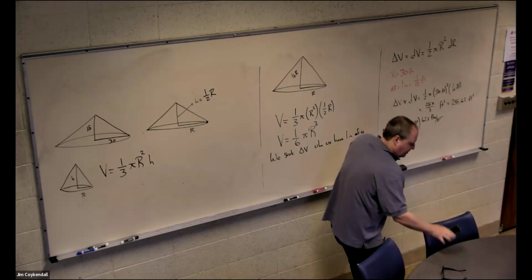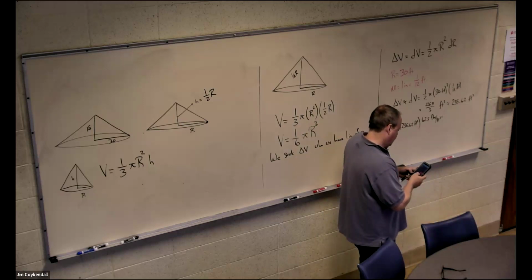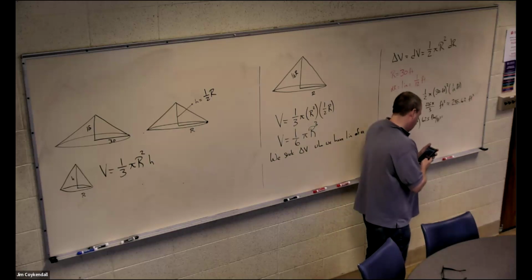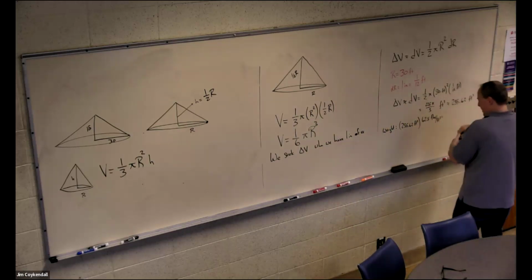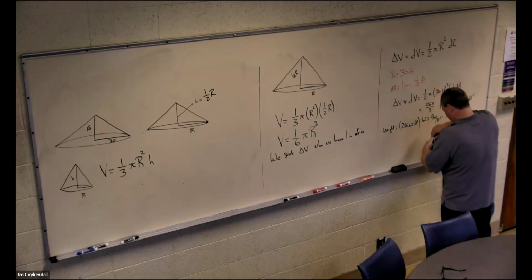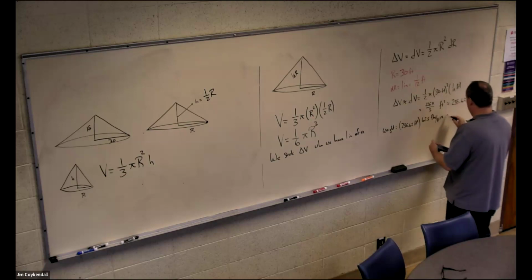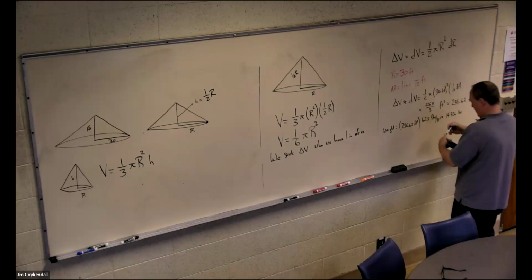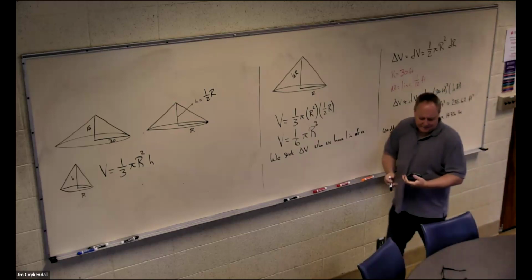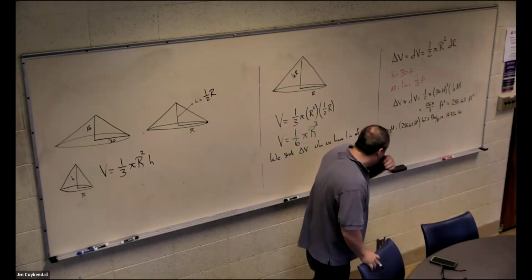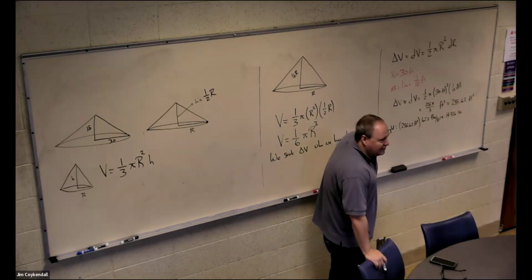And this is 14,726. Basically, it's got almost 7.5 tons of ice on this roof.